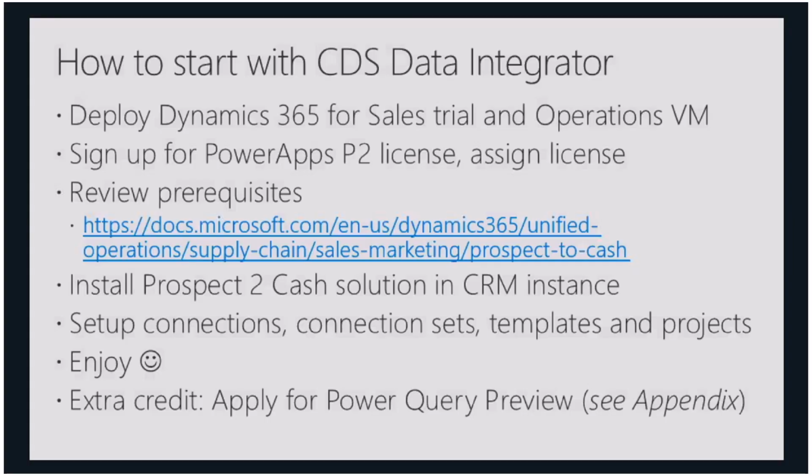Sign up for a Power Apps P2 license, assign that license to your service user, and then review all the prerequisites provided on that link, as well as the step-by-step instructions on how to install the prospect to cache solution, and how to set up connection sets, templates, and projects. And if you have time, please sign up for the Power Query, and we would appreciate your feedback about the feature before it's generally released to the public.